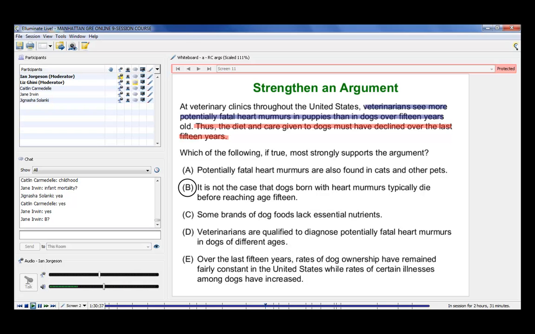I'm trying to state that people 25 years ago were nicer and calmer because 25-year-olds don't throw temper tantrums. But that's an absurd argument because what happens is you stop throwing temper tantrums as you get older. It's the same idea here. If all the dogs with heart murmurs die, then of course there's going to be less heart murmur dogs at age 15. The ones that should be in the population have died. They're not there anymore. Okay, how out of left field was answer choice B?